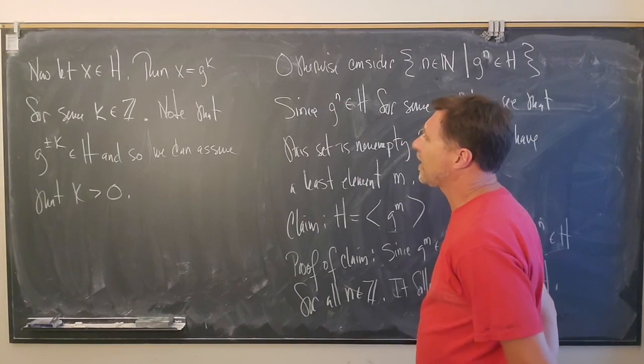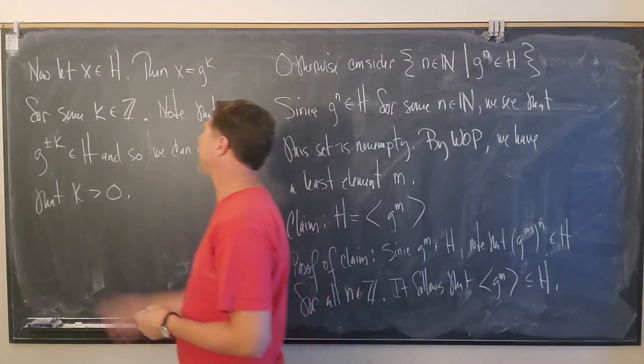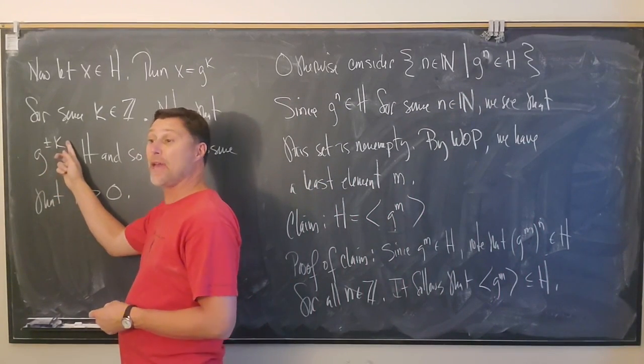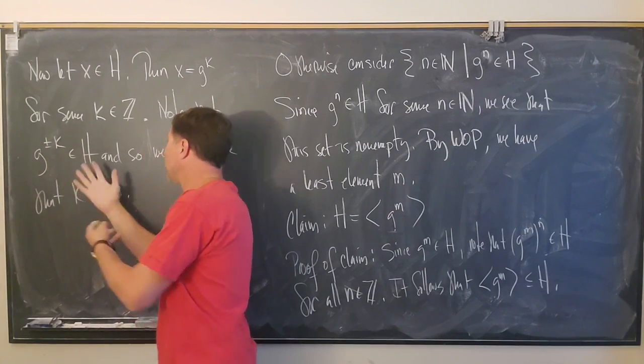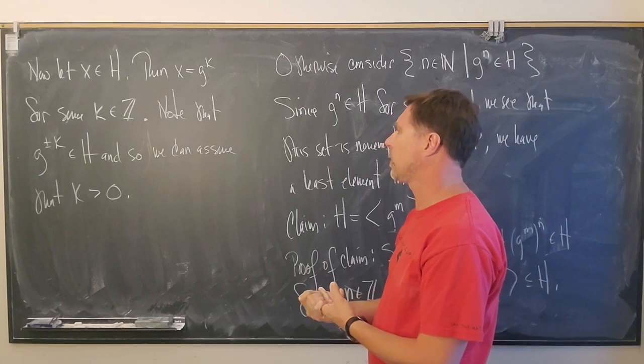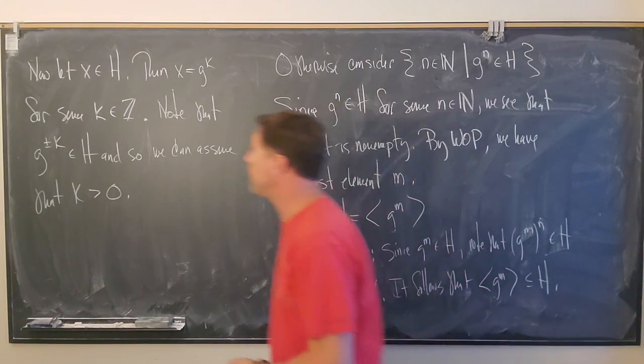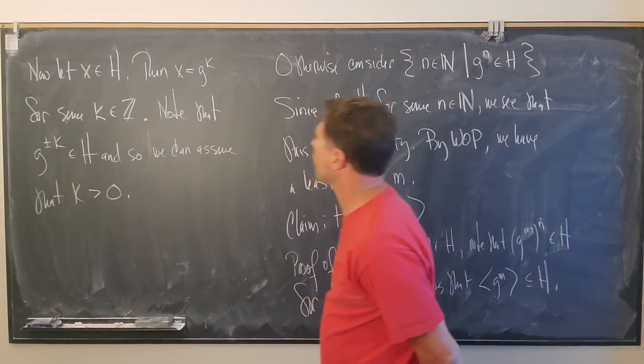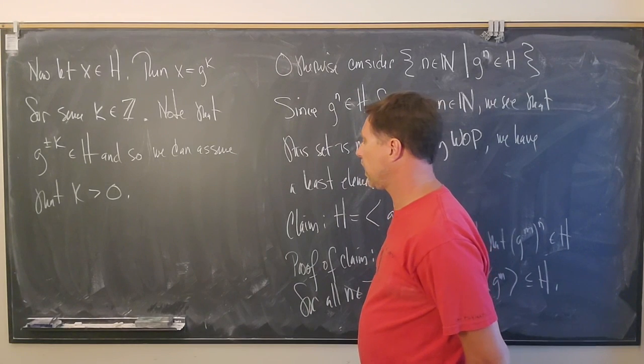So why is that? Well, because if k was negative, then negative k would be greater than 0, and so that would be the one that we put in H. So we can just assume that we chose k to be the positive one, and then negative k would be the inverse. Okay, so we can assume that k is greater than 0.